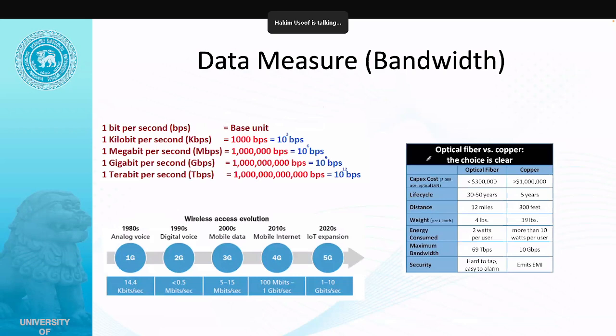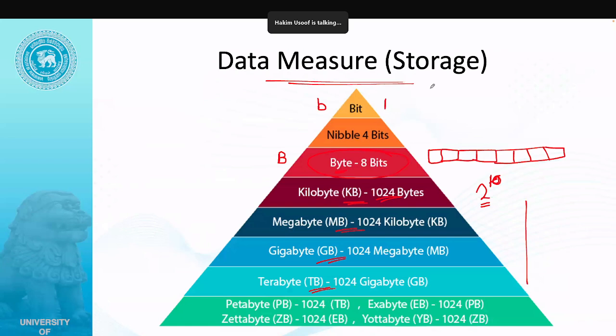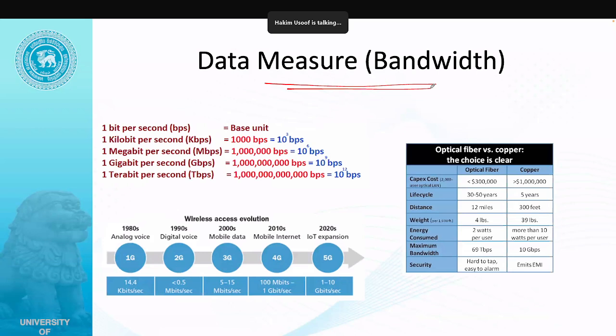We can, but we rarely do. Data measuring is typically for storage: your hard disk, your RAM, your pen drive, your phone memory. All of these are storage issues, so we measure them in bytes.